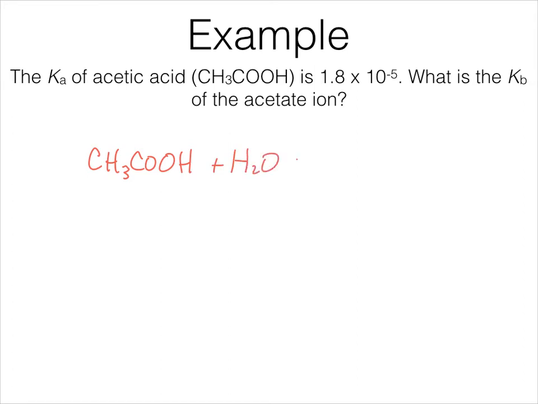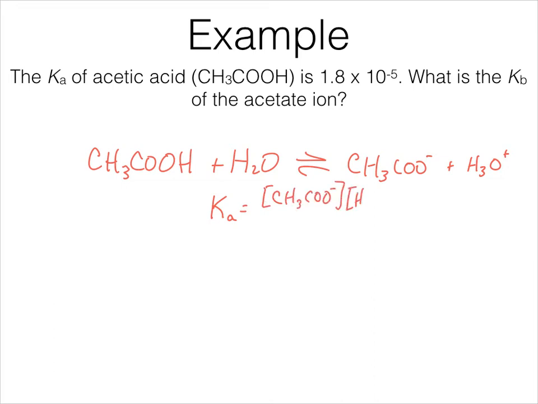When we put it in water, it forms an equilibrium with the acetate ion plus H3O+, and so it is described by a Ka that has the expression CH3COO- times the hydronium concentration divided by the concentration of the acetic acid.